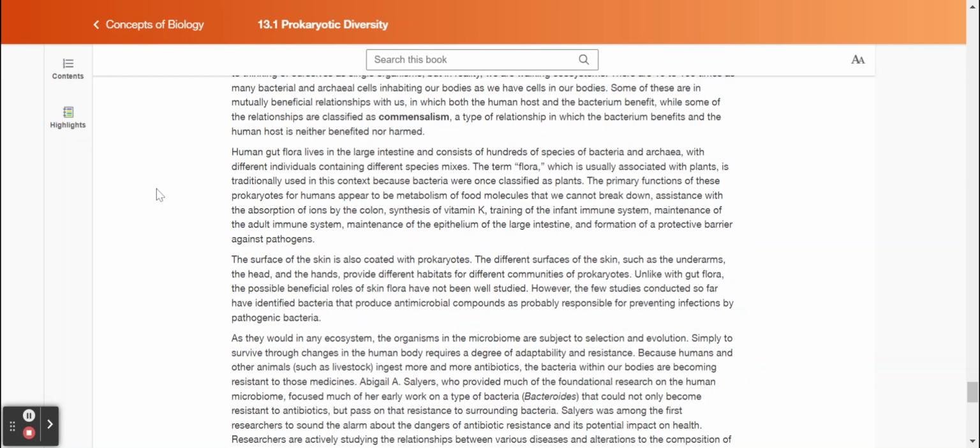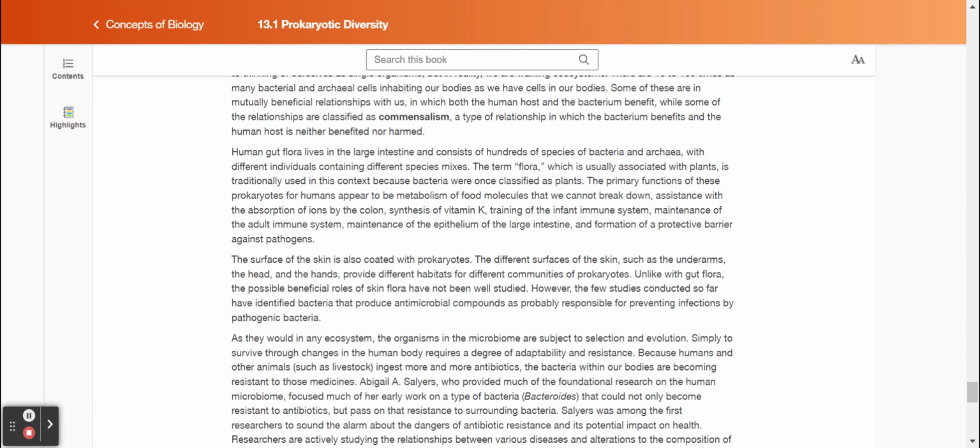Human gut flora lives in the large intestine and consists of hundreds of species of bacteria and archaea, with different individuals containing different species mixes. The term flora, which is usually associated with plants, is traditionally used in this context because bacteria were once classified as plants.